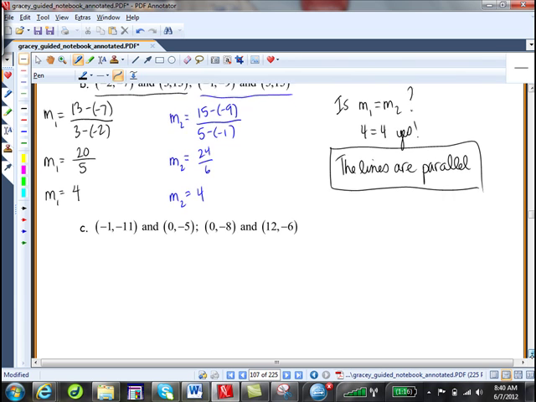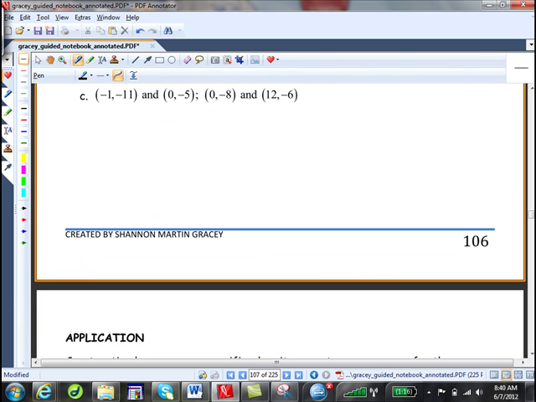All right, so here we go. This will be our first one. So M1 equals negative 5 minus negative 11 over 0 minus negative 1. M1 equals negative 5 plus 11, which is positive 6, over positive 1.